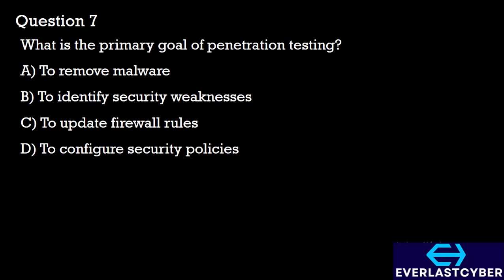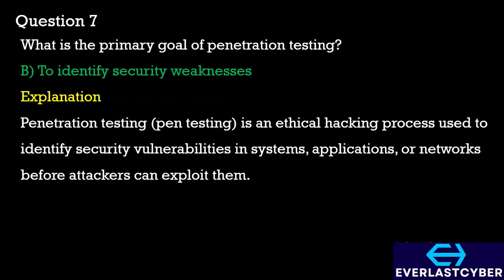And in option D, security policies are set based on security frameworks and best practices, but penetration testing identifies the gaps rather than configuring policies. So our answer here is option B. The primary goal of penetration testing is to identify security weaknesses before attackers can exploit them and wreak havoc.